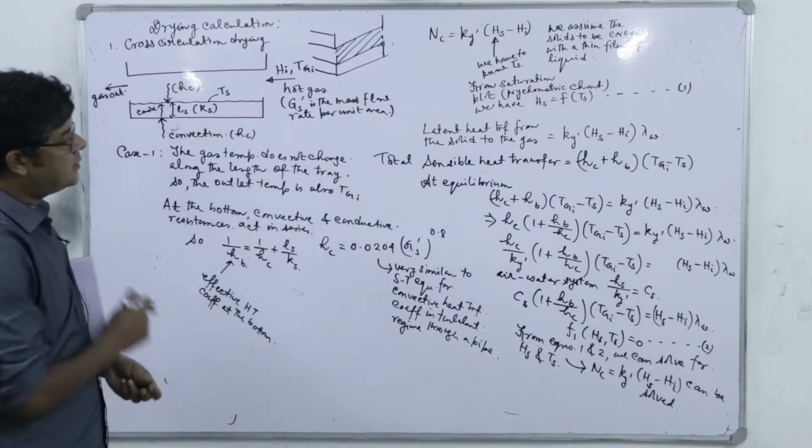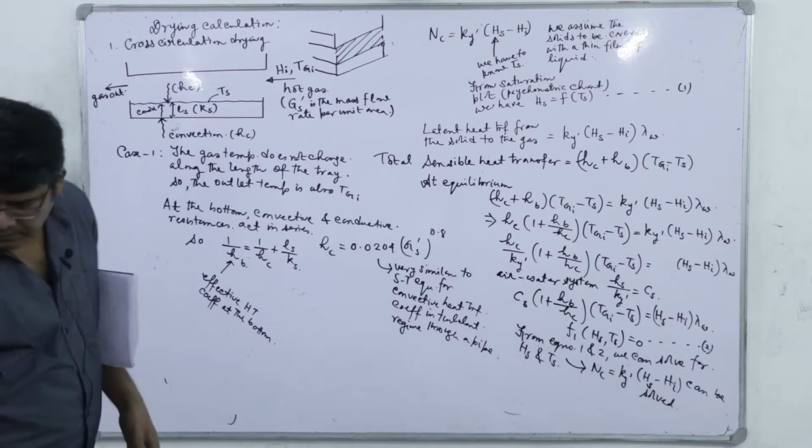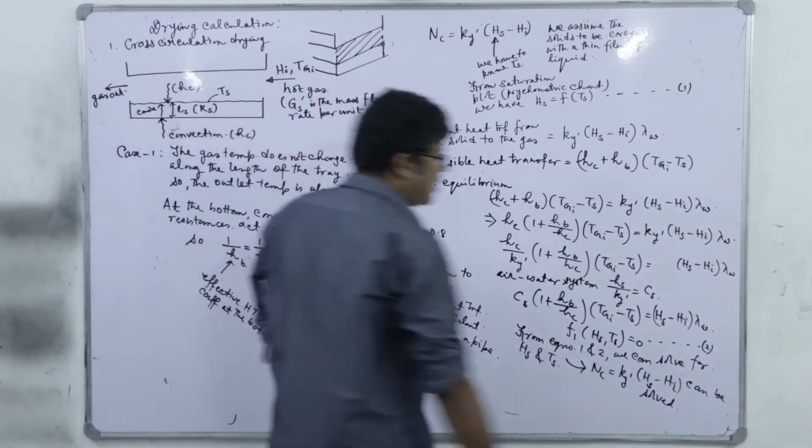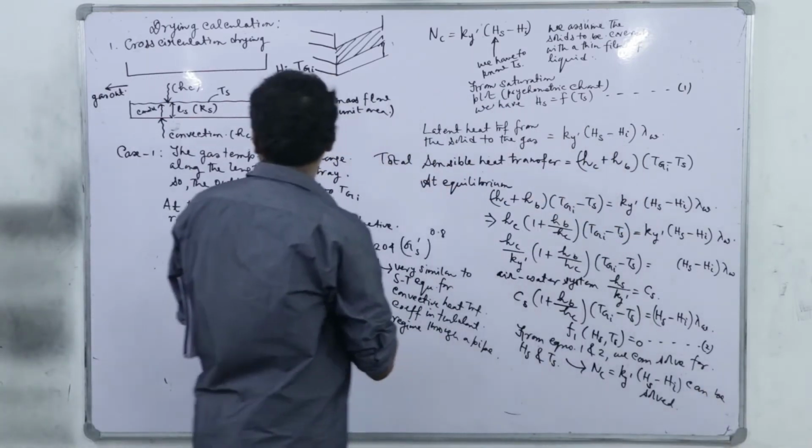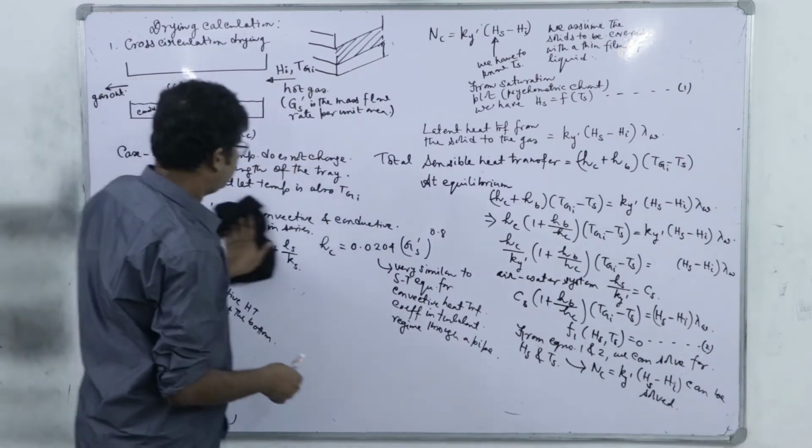So once we solve this NC, my problem is over, because now we know it's a batch mode of operation, right?